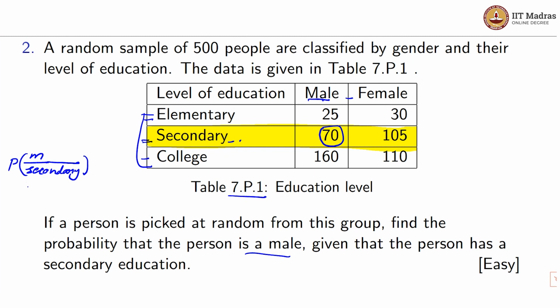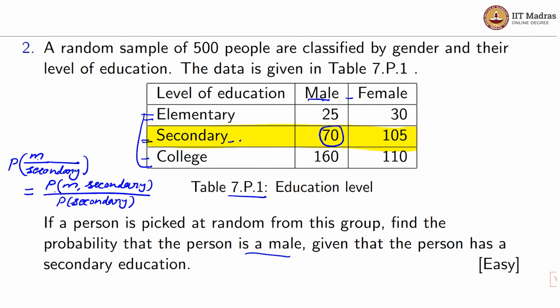This is a conditional probability, and by the formula we know that this is equal to the probability that the person has secondary level of education and is a male, divided by the probability that the person has a secondary level of education.